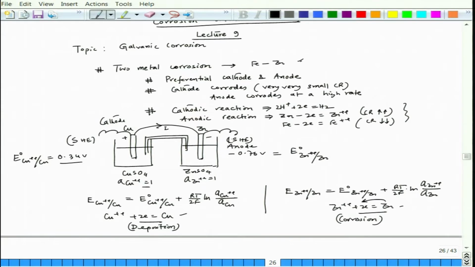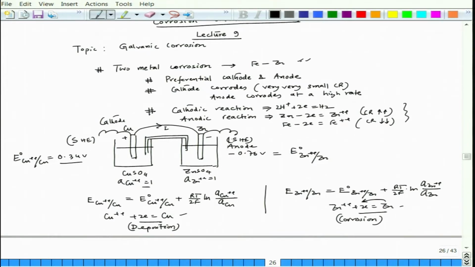But in practical cases, we experience the situation we had in the iron-zinc case. Ions of individual metals may not be present in the actual or practical situation. So at that time we cannot judge which type of reaction would happen from the reduction potential.